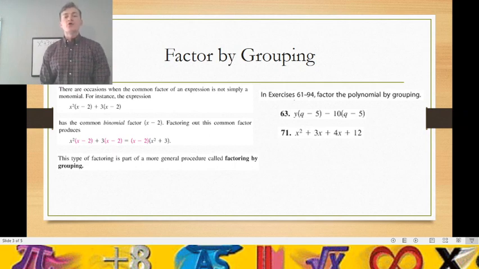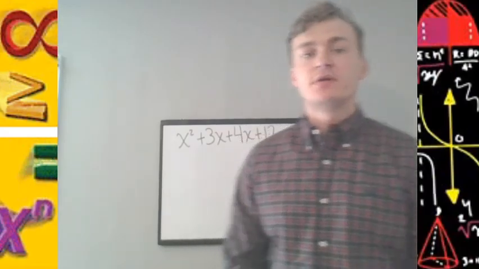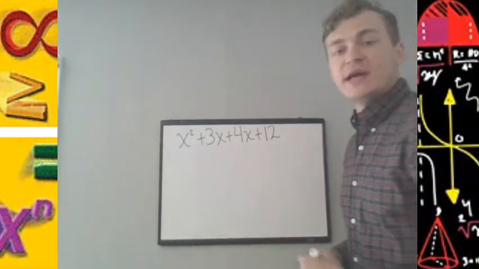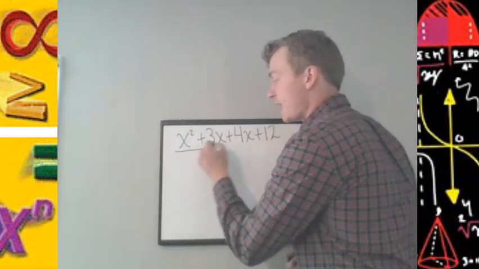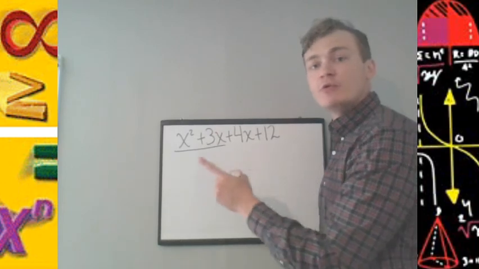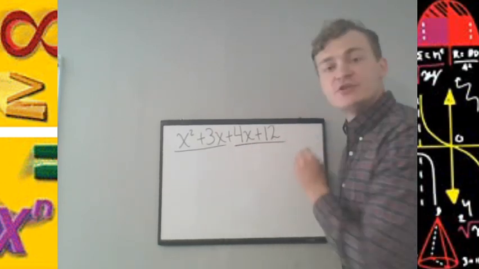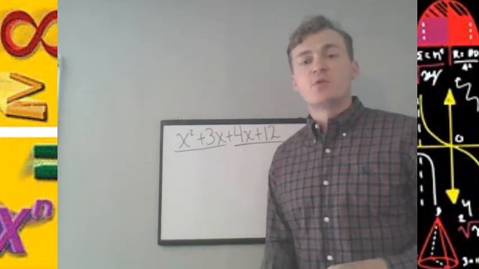To factor by grouping, you will look to factor a greatest common factor out of the first 2 terms and the last 2 terms separately. In other words, for number 71, we will group together our first 2 terms, x squared plus 3x. We will group together our second 2 terms, 4x plus 12.